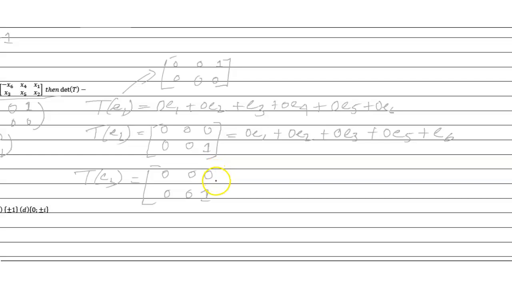So sorry, not 0 0 1, this is 1 0 0. So it can be written 0 E2.